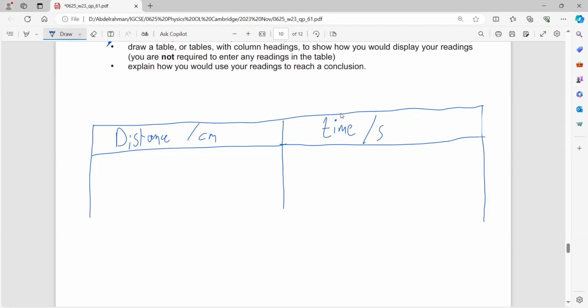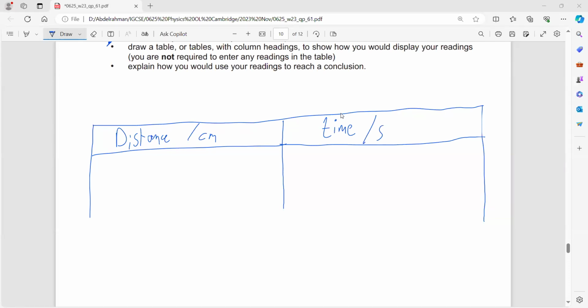In that case, the distance is constant, so you don't have to write down the distance. It's as simple as that. You don't need to write down 100 columns. Two columns are usually sufficient.